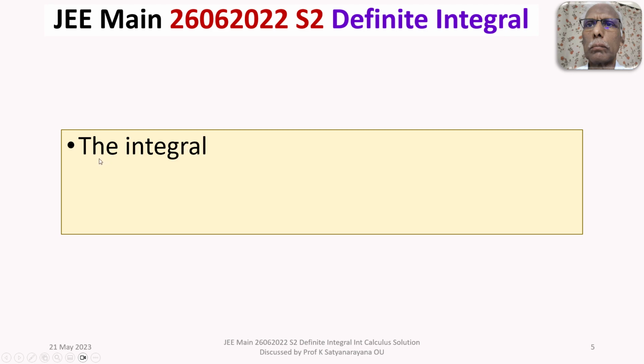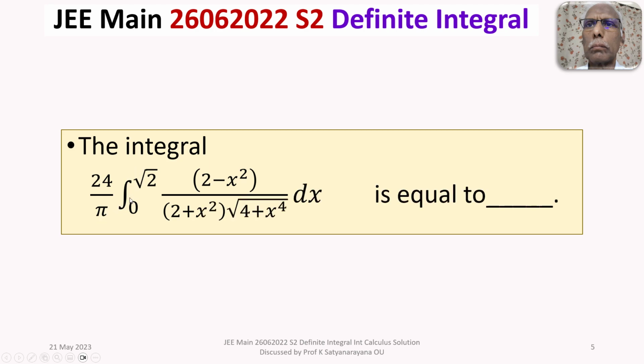The given question is the integral 24 by pi multiplied by the integral from 0 to root 2 of (2 minus x square) by, in the denominator, (2 plus x square) multiplied by under the square root of (4 plus x to the power of 4), with respect to x, is equal to.